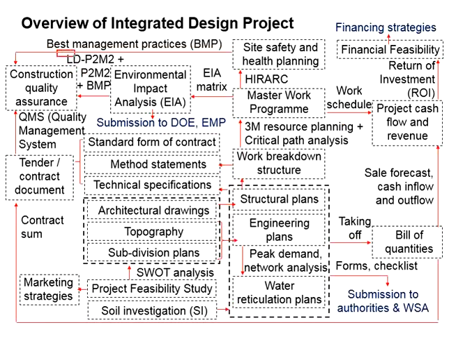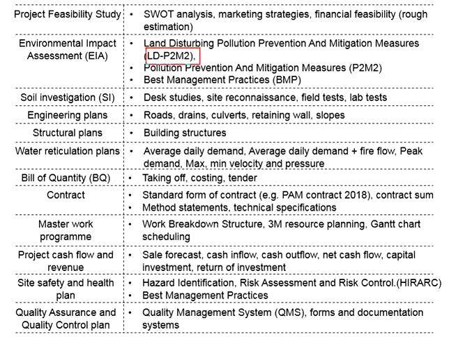Normally, you will follow up with these three items: LD, P2M2, and BMP. LD, P2M2 stand for land disturbing, pollution prevention and mitigation measures.